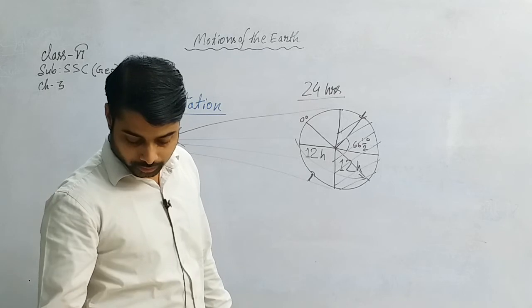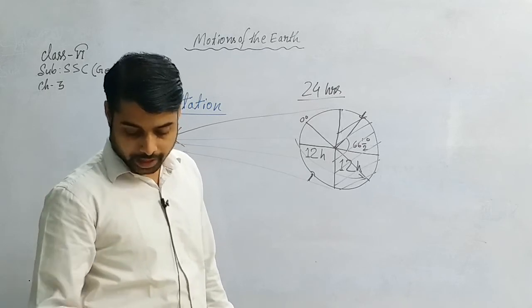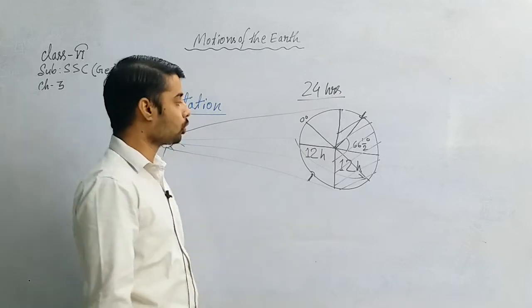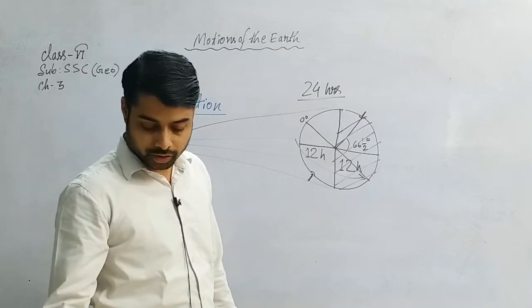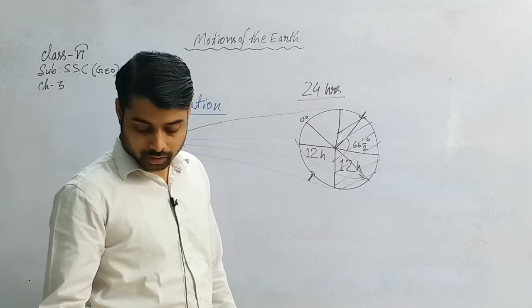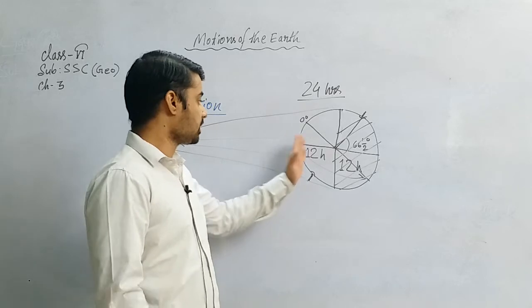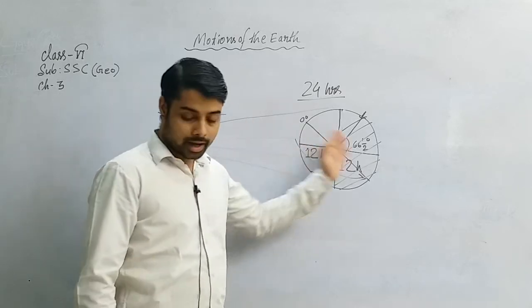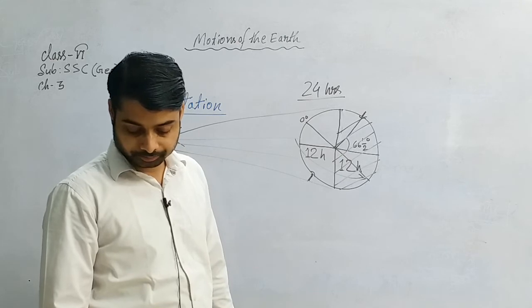Now what would happen if the earth did not rotate? Can you imagine what would happen? The side of the earth facing the sun would always experience day, and the other side would always experience darkness.